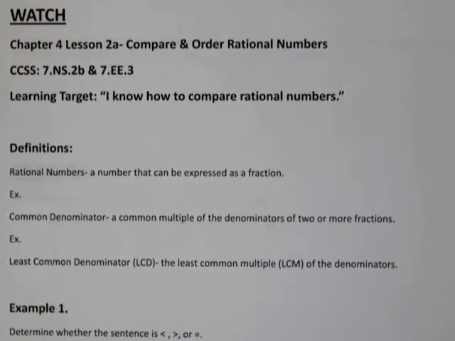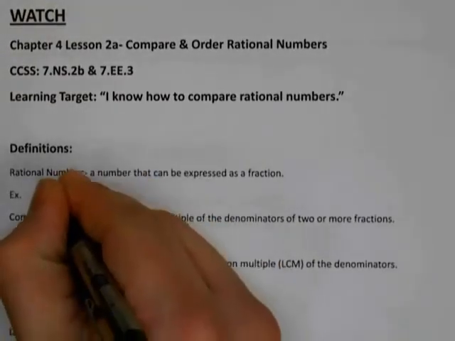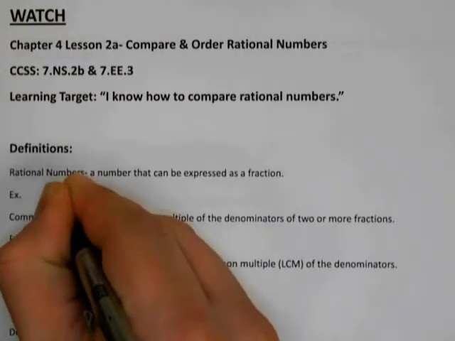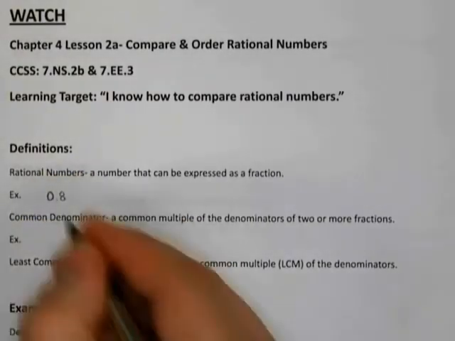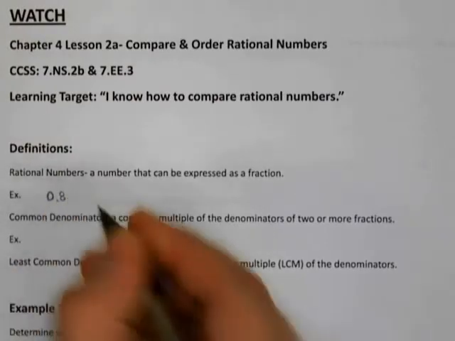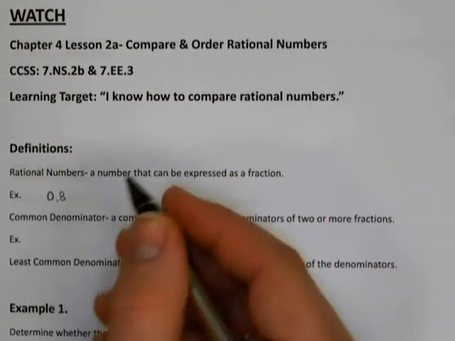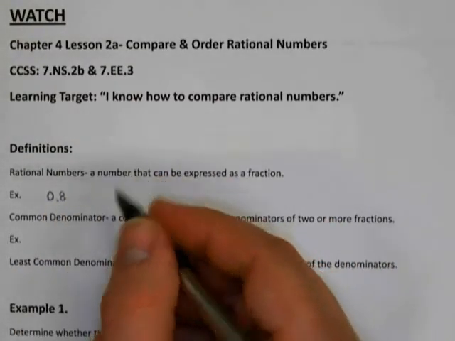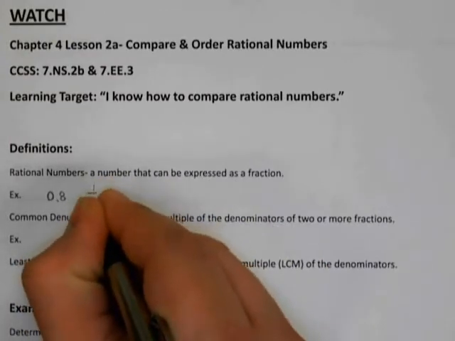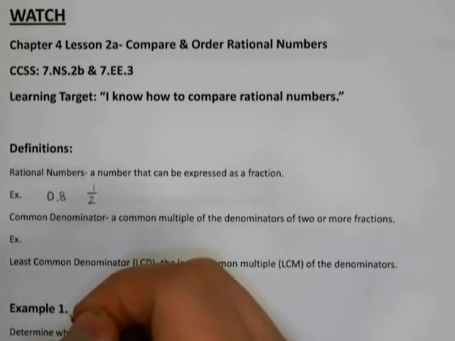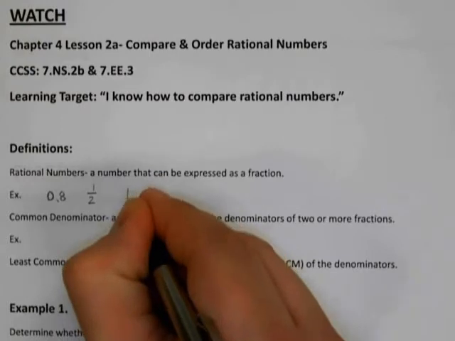A rational number is a number that can be expressed as a fraction, okay? So we could have 0.8 because that can be written as a fraction. We already learned how to do that. That's 8/10, right? We could also put in 1/2. Maybe it could be 1 2/3.